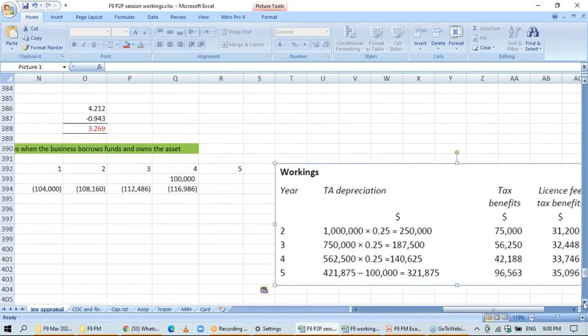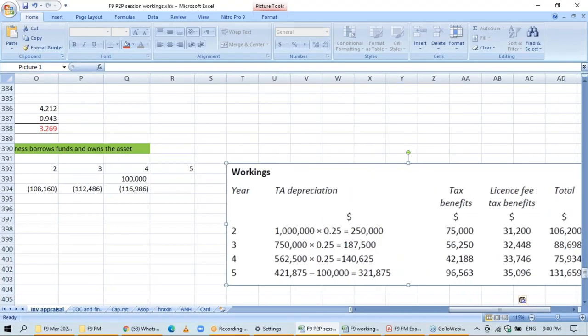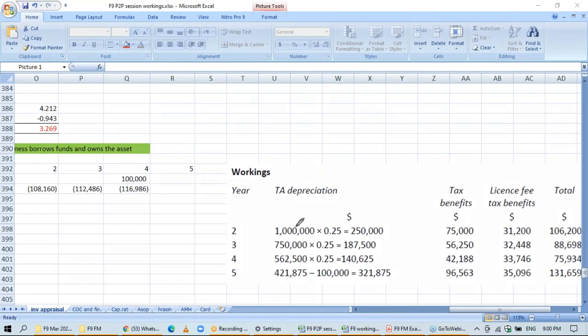If you watch on the screen, you will find that 1 million was the asset and the first tax depreciation was 25%, which was 250,000. This will be deducted from the first year's taxable income, right? And on this 250,000, you will be able to save how much? 30% tax, which makes 75,000.